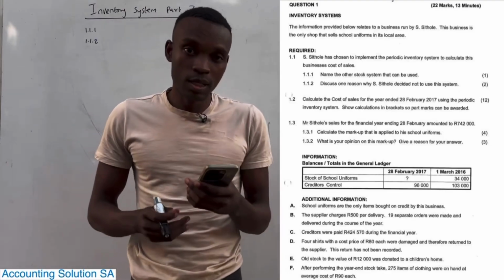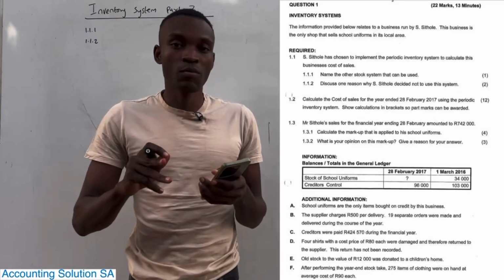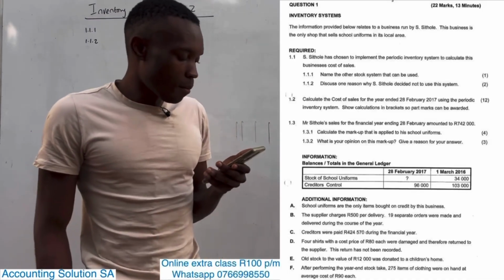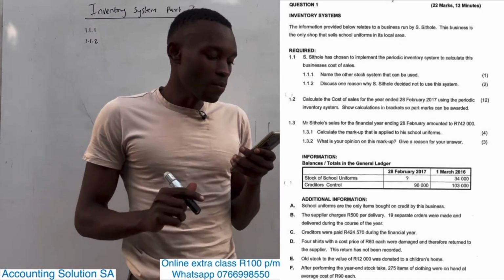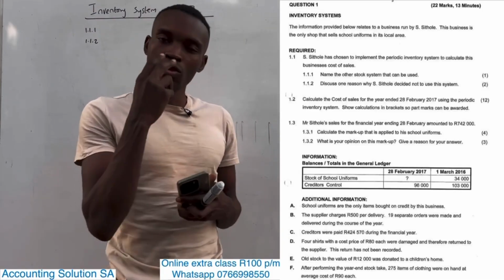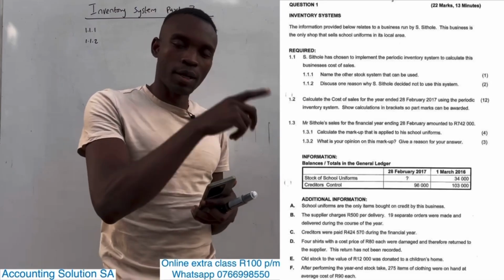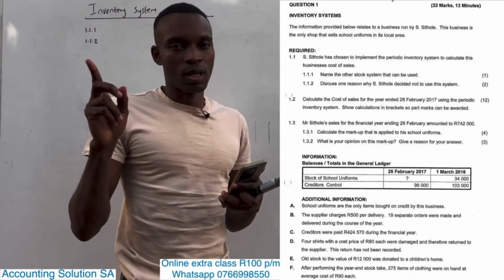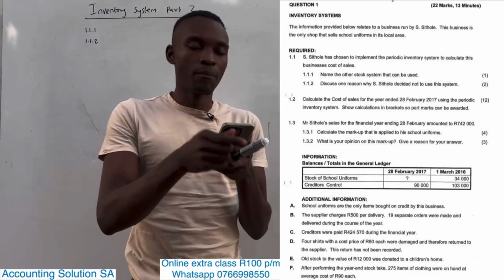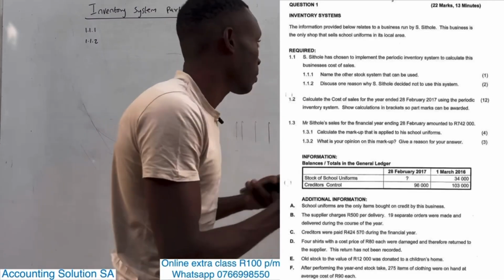So this business is using the periodic inventory system. Then 1.1.1, name the other stock system that can be used. We have only two methods, periodic and perpetual. They said other than periodic, which means that the other one is perpetual.